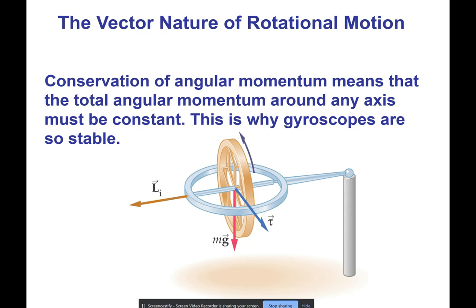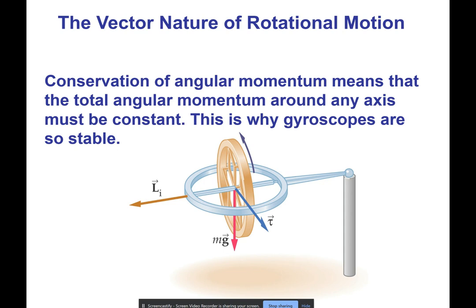Conservation of angular momentum means that the total angular momentum around any axis must be consistent. In this case, we have two axes going on with a gyroscope, and that's how it sits there and stabilizes itself.